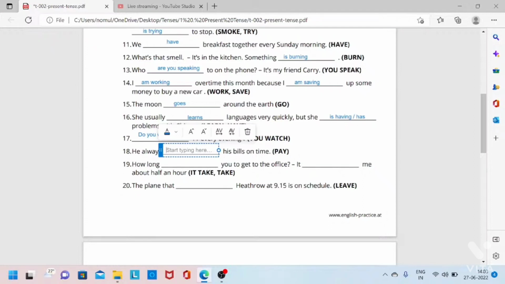So he always pays his bills on time. How long does it take you to get to the office? It takes me about half an hour. So how long does it take? Okay, it takes or it take. How long does it take you to get to the office?